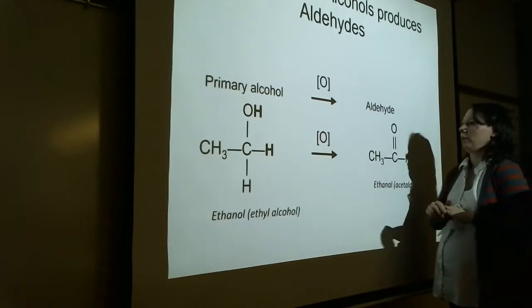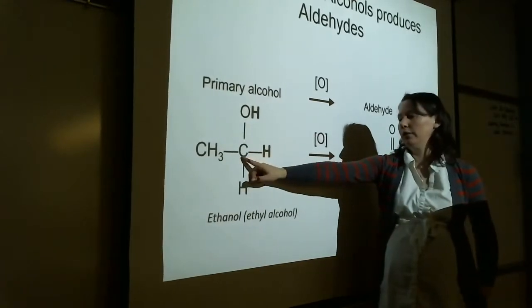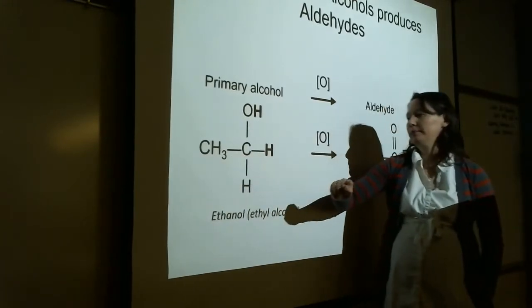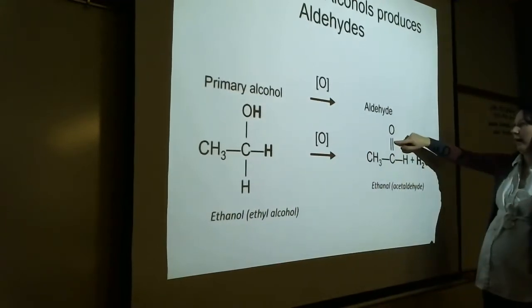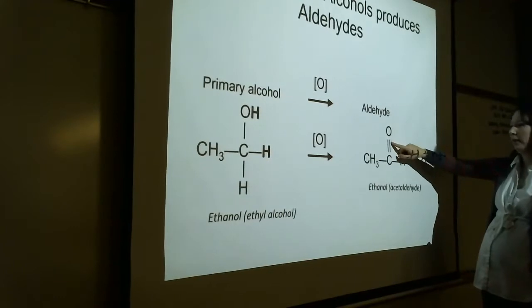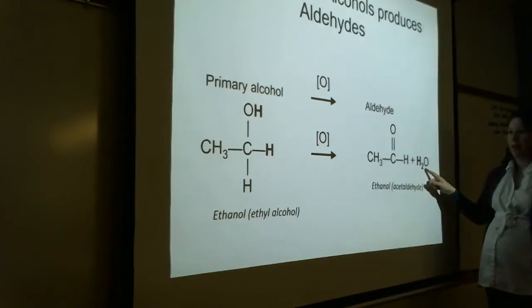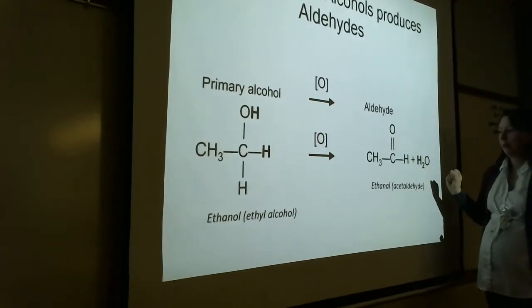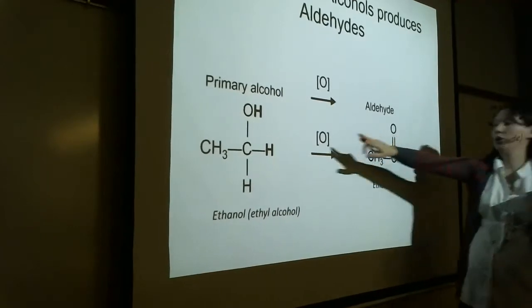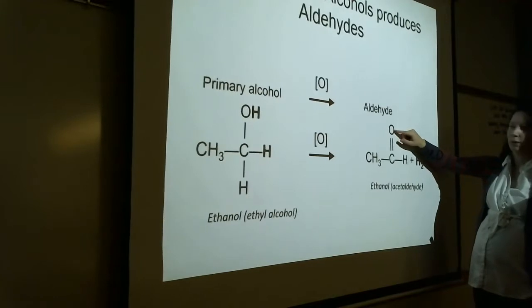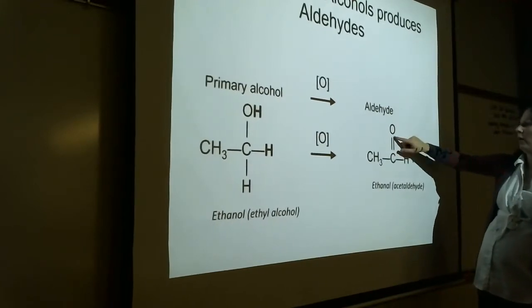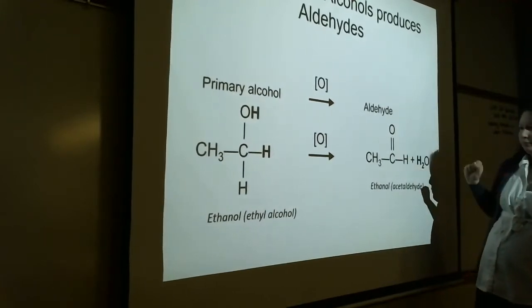So this is a primary alcohol, because it's attached to one other carbon, it's a primary carbon, and it becomes an aldehyde. And then our other product is H2O. So this OH becomes a C double bond O. You're making the alcohol into an aldehyde.